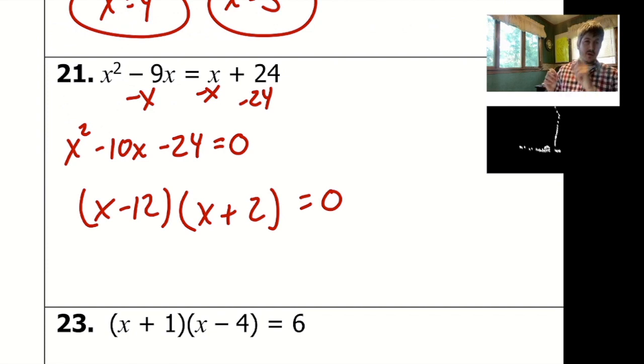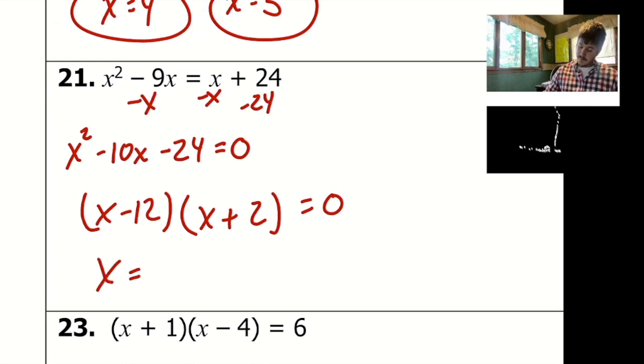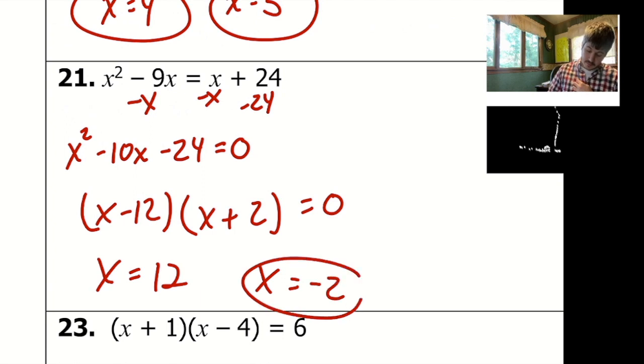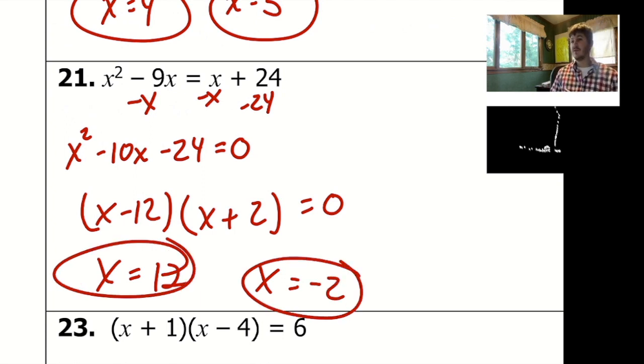If you're able to FOIL, and you can kind of go backwards and make sure you get back to the same thing, you should. That's how I was able to tell that 6 and 4 does not work. Because 6 plus 4 does add up to 10, but the way I had it written out, it actually would not work. So 10 and 24 can be a little bit tricky. But then from here, x equals 12, x equals negative 2. Sorry. Yeah, x equals 12 and x equals negative 2.